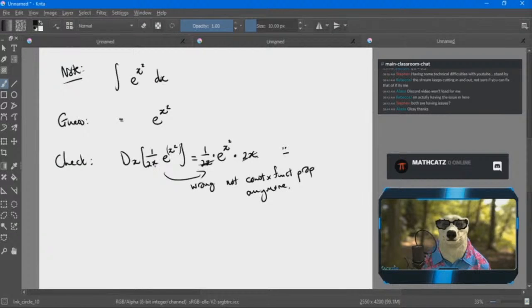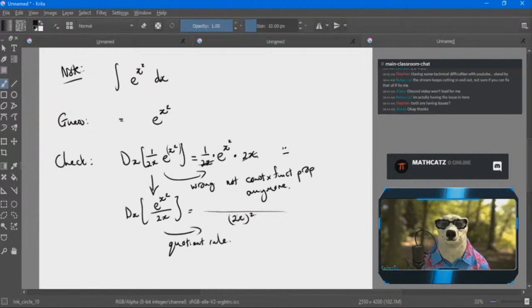Now I have x's in front. So this will have to be the derivative of e to the x squared over 2x, which is the quotient rule, because I've now put more x's in. And the quotient rule is going to give me a whole mess of stuff.